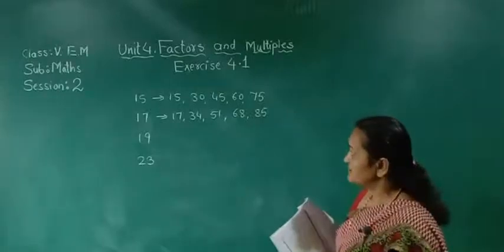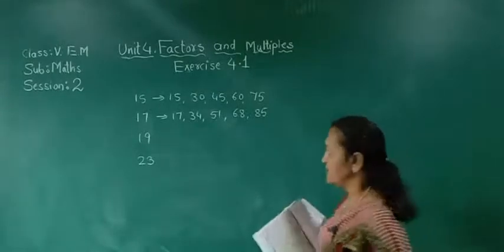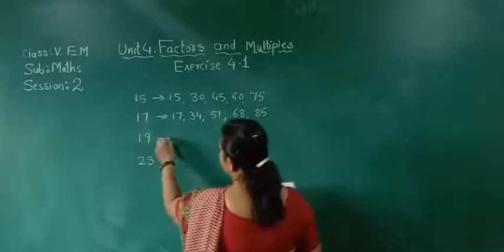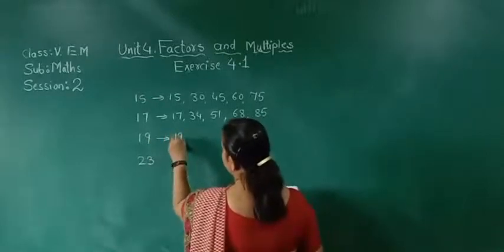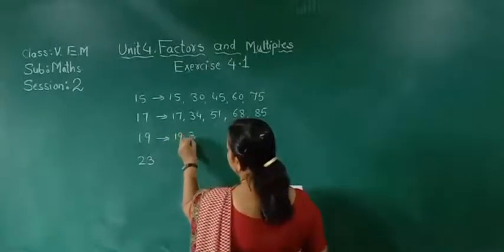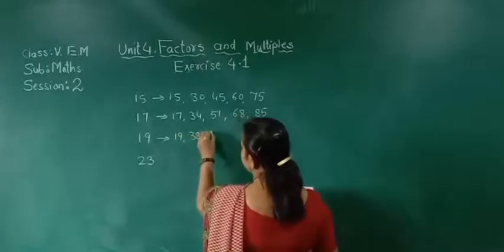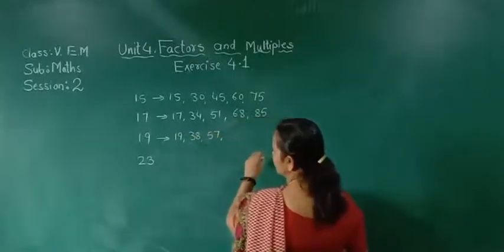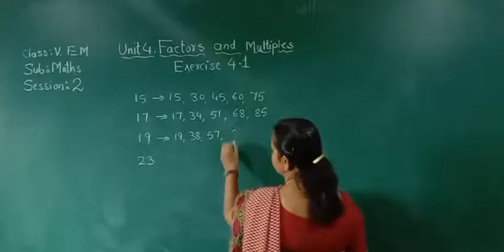So these are the 5 multiples of 17. Similarly, 19 table, 19 ones are 19, 19 twos are 38, 19 threes are 57, 19 fours are 76.